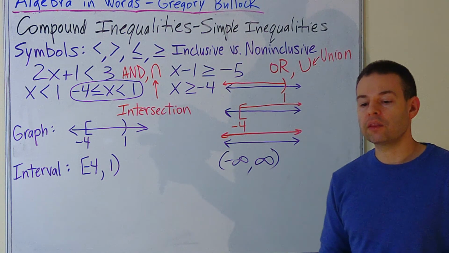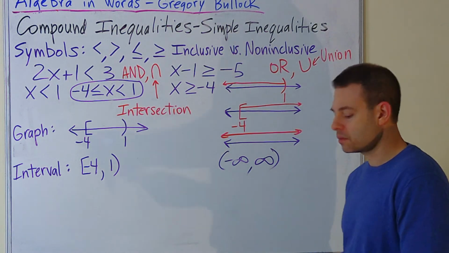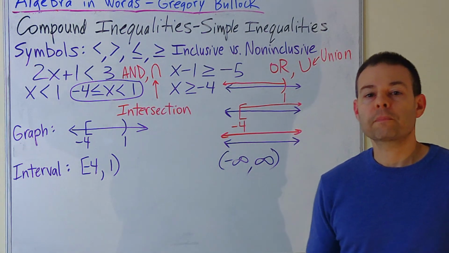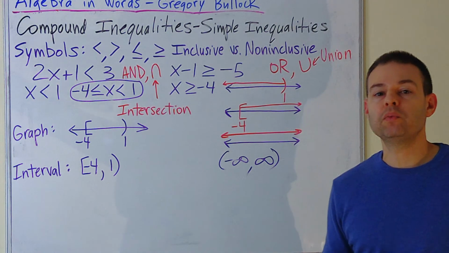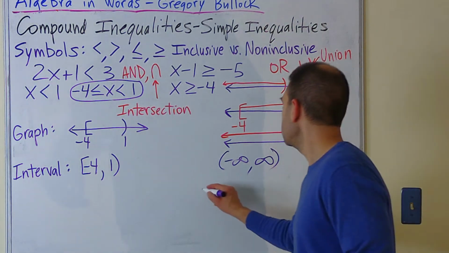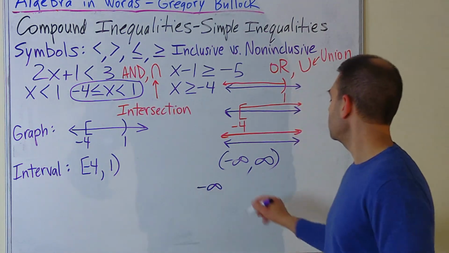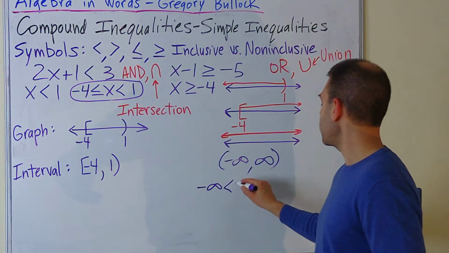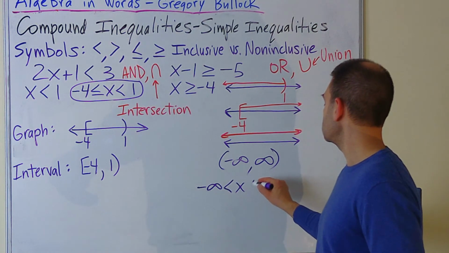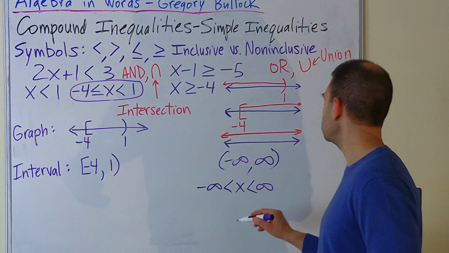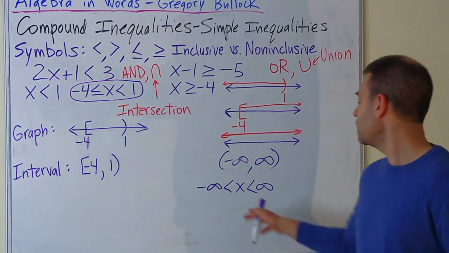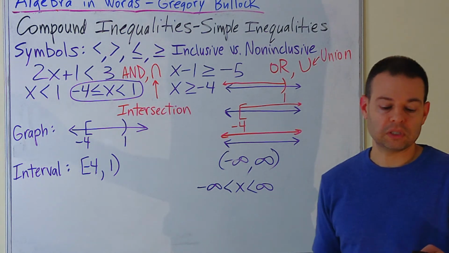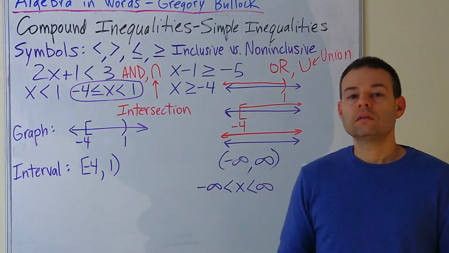And another way that we can show it is, if we were showing it as a compound inequality, we could actually show it like this. Negative infinity is less than x, which is less than infinity. And that basically summarizes it because this includes all possible values.